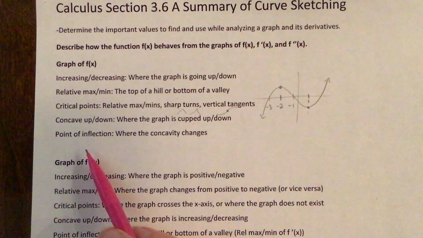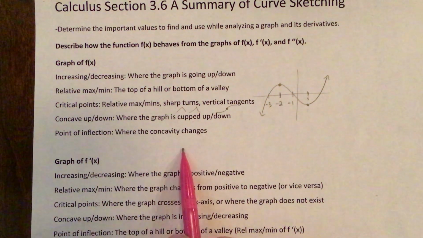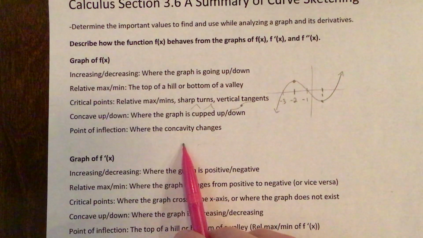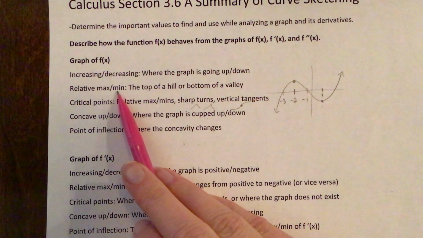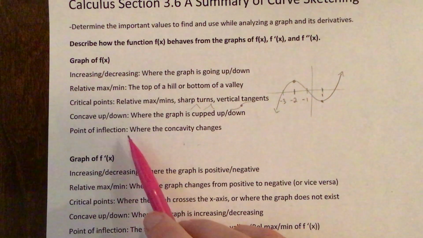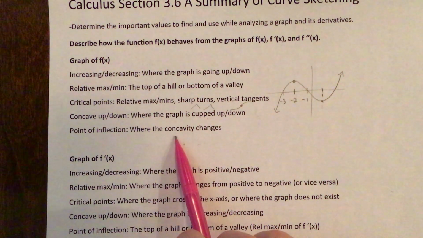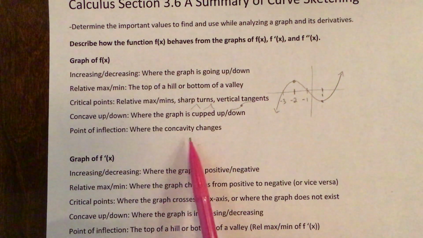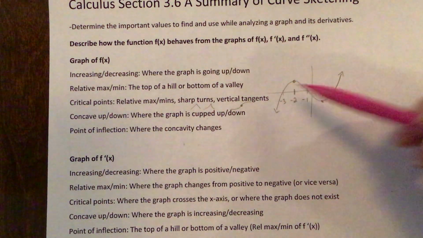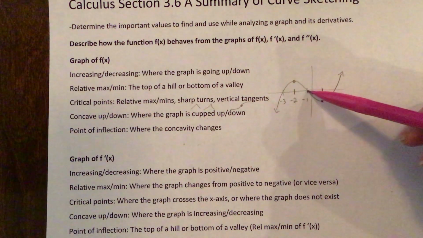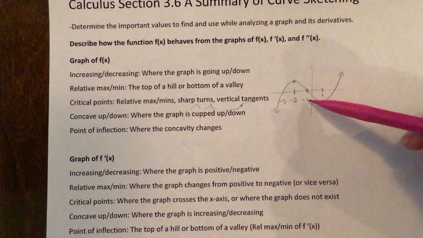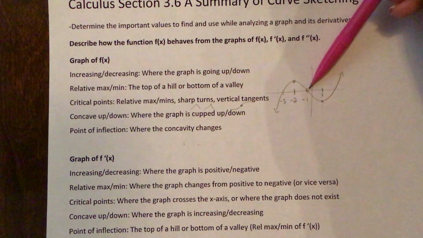All right. Points of inflection happen where the concavity changes. And generally, again, we just care about the x values. Maxes and mins, we care about the y values, but for the most part, everything else we just care about the x's. So points of inflection are where concavity changes. This graph changes concavity at about x equals -1. It doesn't matter that that was on the x-axis.